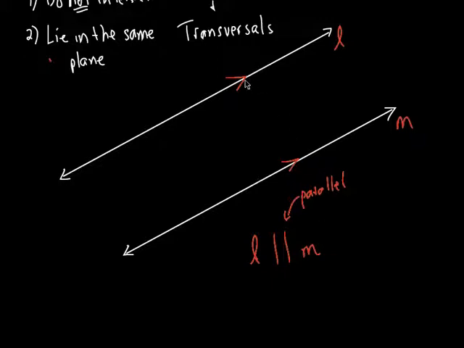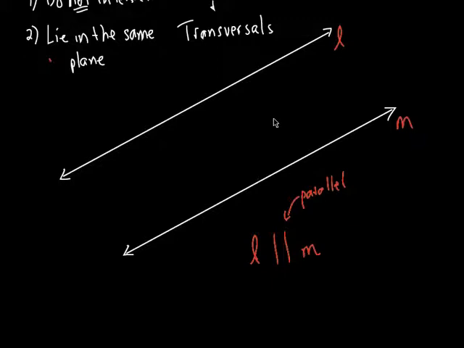Now, if I didn't have this red arrow and this red arrow right here, and all I had were the two lines, could I just look at it and assume that they're parallel to each other? Could I just say, well, they look like they're parallel, they look like they're not going to touch, so they're parallel? Can I do that? No, I can't.